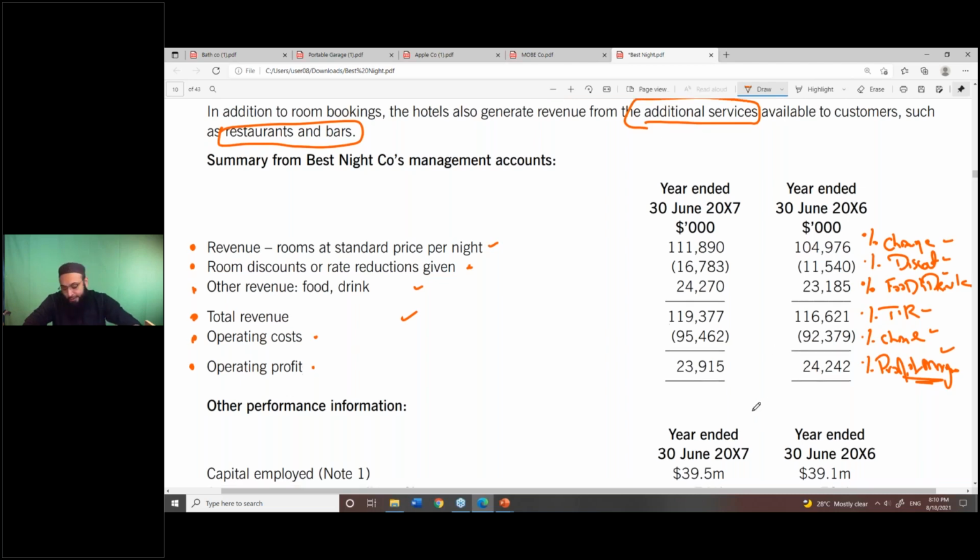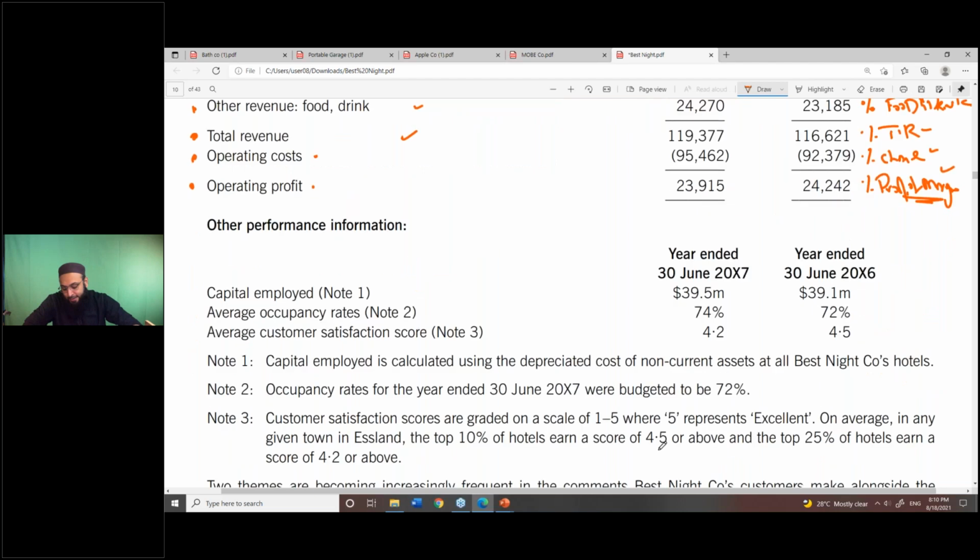What else? Other performance information is given, where you have capital employed. You have average occupancy rates given in percentages. And you have average customer satisfaction scores. Capital employed is calculated using depreciated cost of non-current assets at all Best Night hotels. Now, it's obvious.